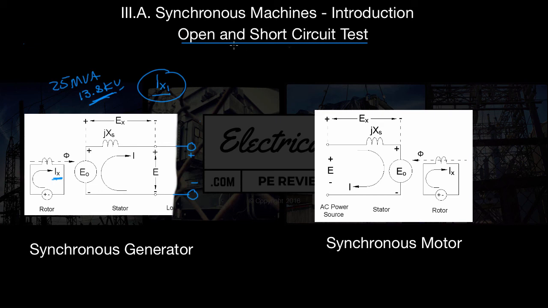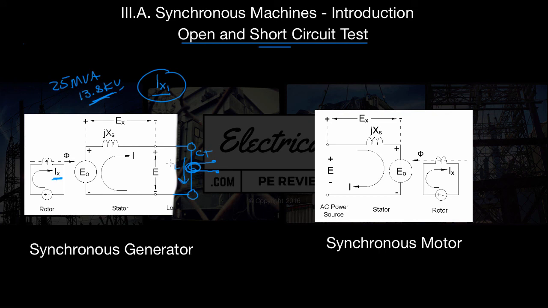Next, for the short circuit test, they're going to take these windings, they're going to short them together, and then they're going to measure the current. So they can't really use an ammeter, so typically they'll use some kind of CT. So they're looking for this current here.